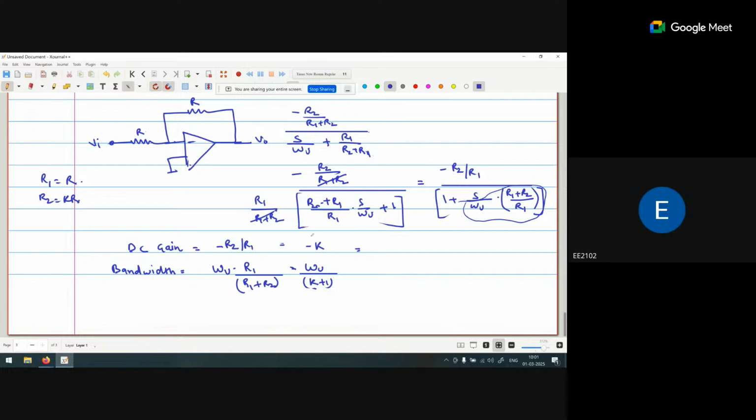Now the value of K is 1, so the DC gain is 1, and the bandwidth is omega u by 1 plus 1, so that is omega u by 2.